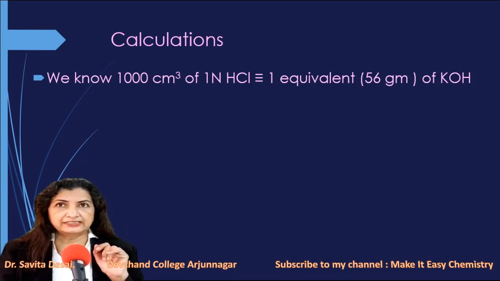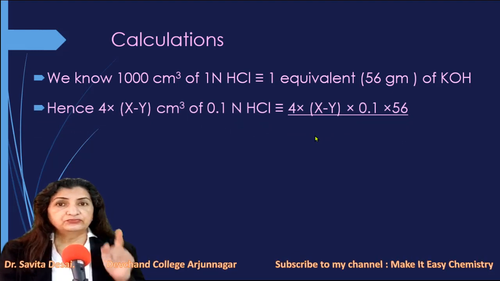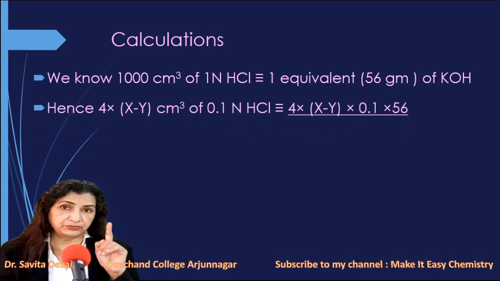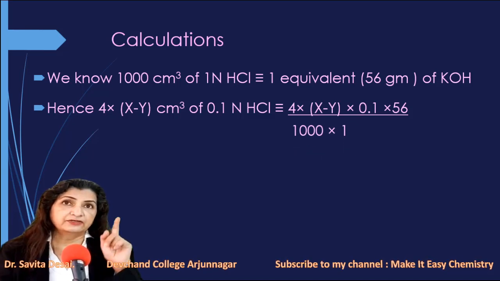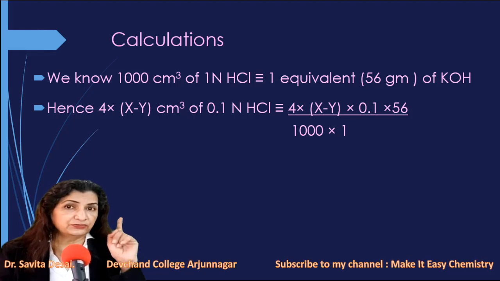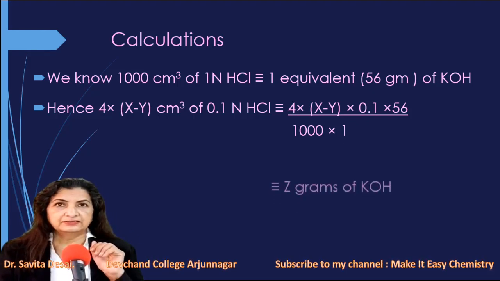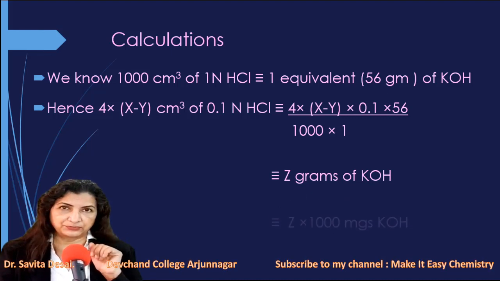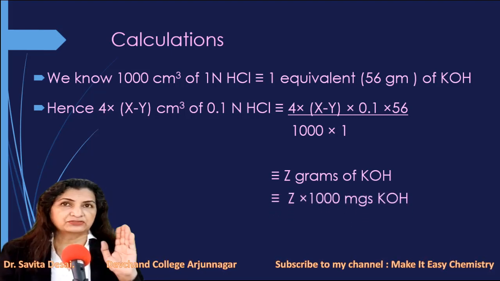That is why 4 into X minus Y cm cube of 0.1 normal HCl will require 4 into X minus Y into 0.1 into 56 divided by 1000 into 1. That is nothing but Z grams of KOH, or Z into 1000 milligrams of KOH.